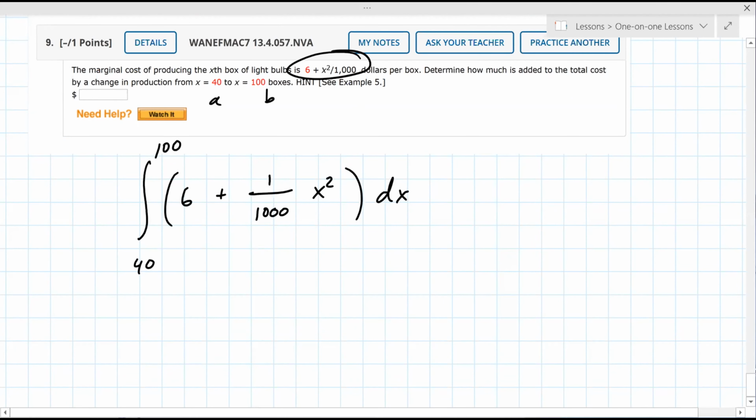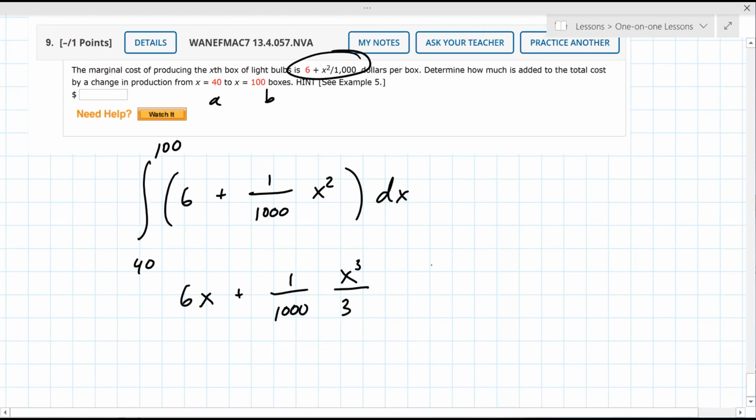Like the way it looks here, maybe it's unclear, but that's just a number in front, so it's still power rule. Here it's still power rule too. There's really an x to the 0 here. So this becomes 6x to the 1 over 1, which means you don't need to put anything down here, plus 1 over 1,000. This becomes x cubed over 3.